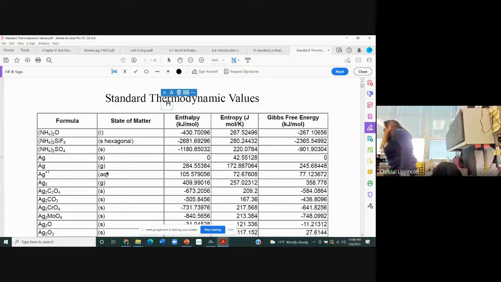Several of them have AQ. Look down the chart here. You see where it says AQ at the end for state of matter? I understand. My chart is different than your chart.